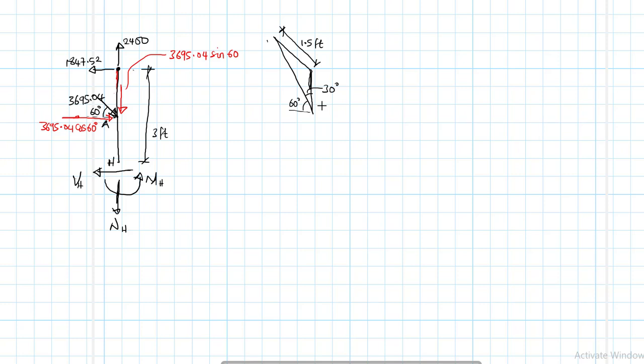What other extra information do we have? This is about it. Okay. We also have this angle here. This angle here is given. This is 30 and this is 90, right?